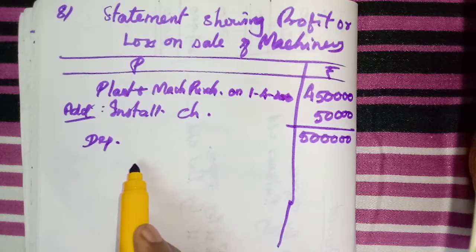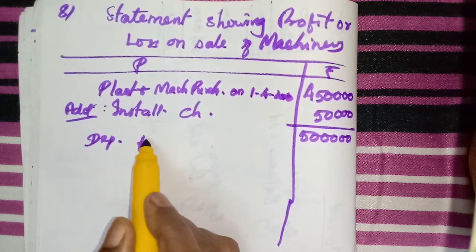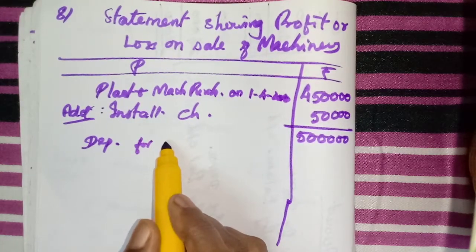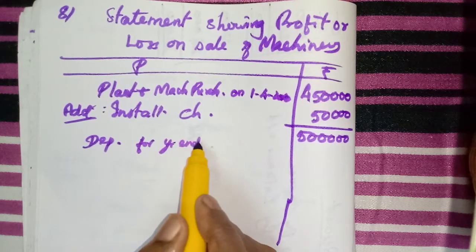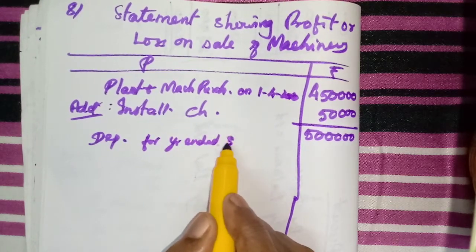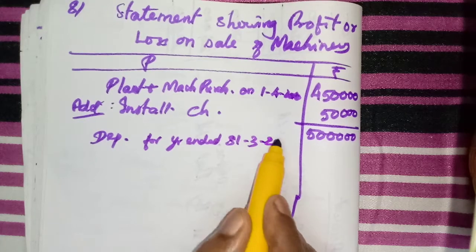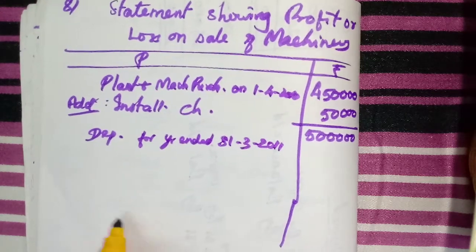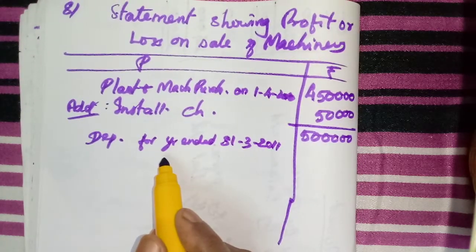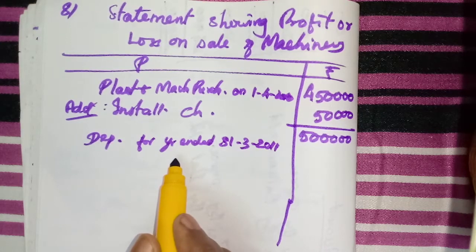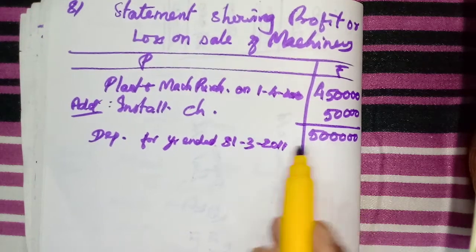So depreciation for the year ended 31 March 2011. So for 1 year we need to calculate, what is the percentage? 15%. What is the total amount? 5 lakh, isn't it?